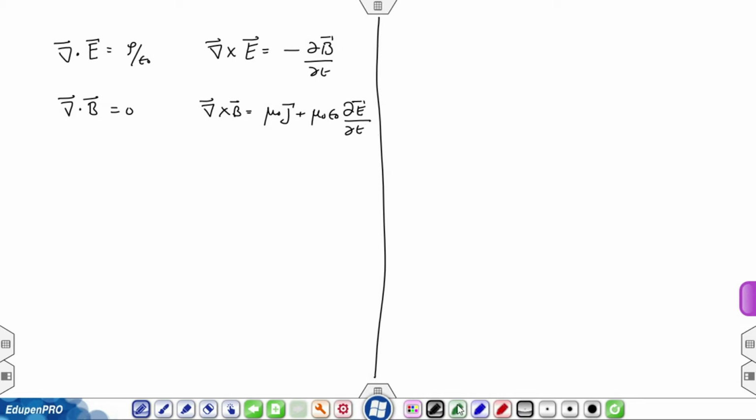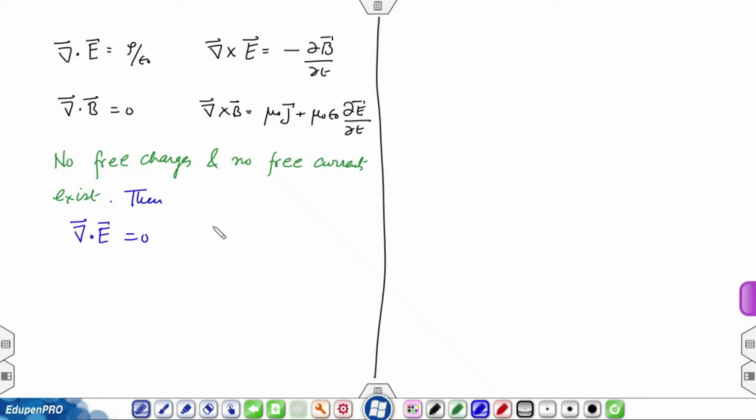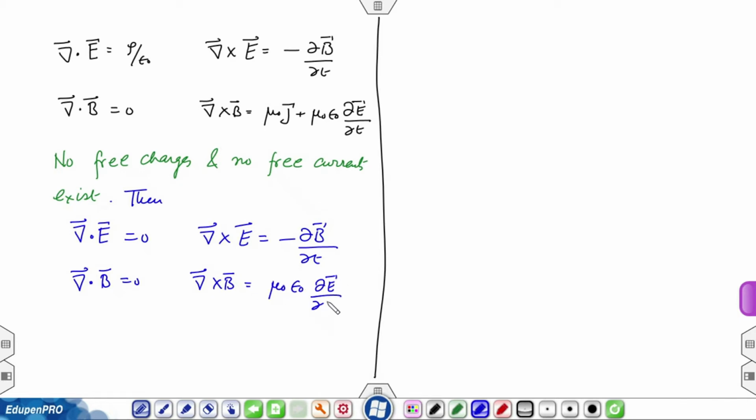Let us look at these equations when no free charges and no free currents exist. In that case, we have divergence of E is equal to 0, curl of E equals minus dB dt, divergence of B is equal to 0, and curl of B equals mu 0 epsilon 0 dE dt.